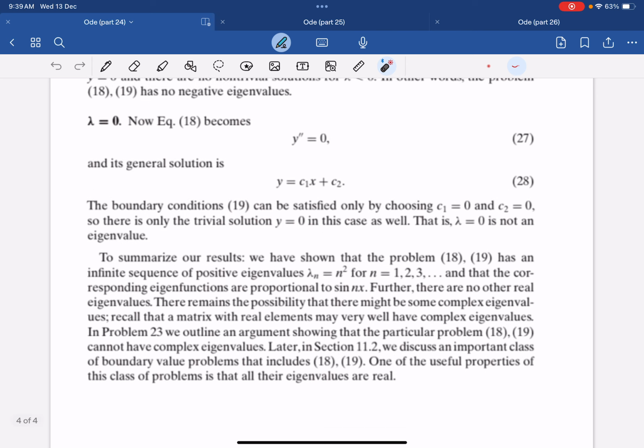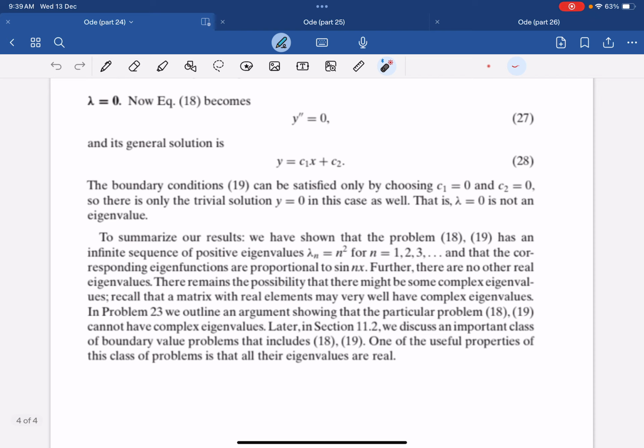Hence, to summarize the results, given the problem, we see that lambda equals n squared is the only type of eigenvalue, and the eigenfunction corresponding to it is sine nx. And there are no other real eigenvalues.